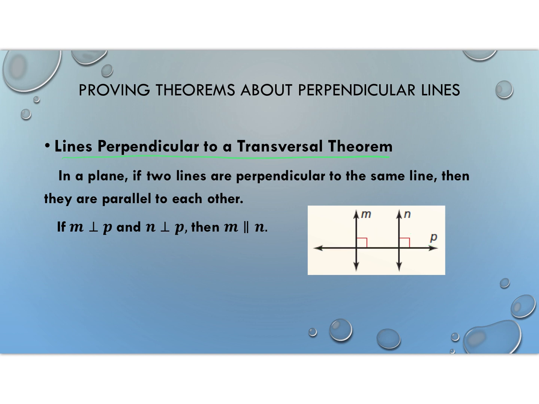This one tells you, what if you don't know the lines are parallel, but you have this transversal here that happens to be perpendicular to both lines? Once you see it's perpendicular to both, then you can conclude that the lines are parallel to each other. So in the last slide, you knew they were parallel and you concluded that the other angle was perpendicular. Here, you know that both angles are perpendicular and you conclude that the lines are parallel.